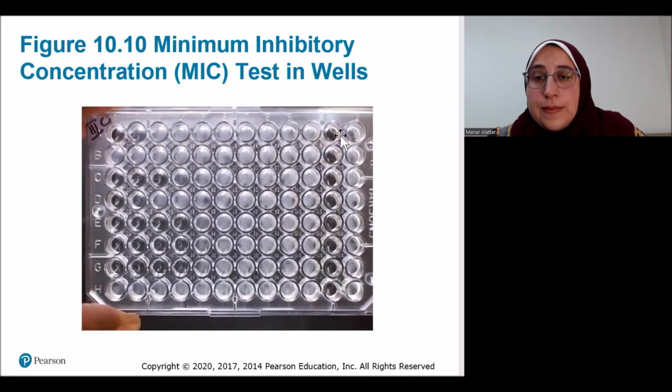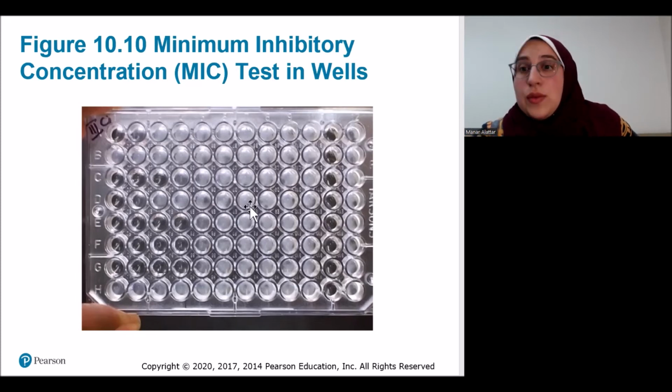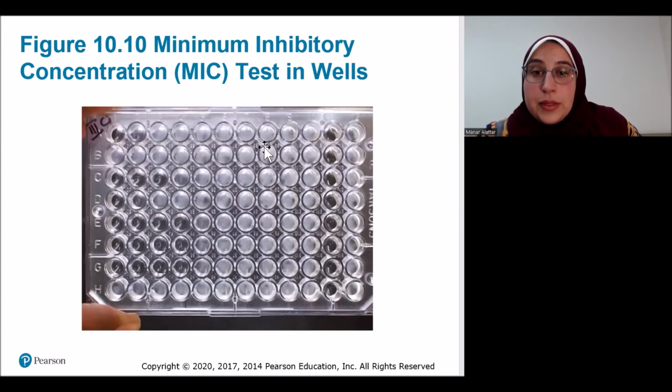And so I would assume that these are positive controls here, negative controls here, and then serial dilutions of various types of antibiotics here that have been inoculated with the organism that's being targeted. Wherever you see a concentration where there's no growth, then you know that that's the concentration that you want to use, or that would be effective in this case.